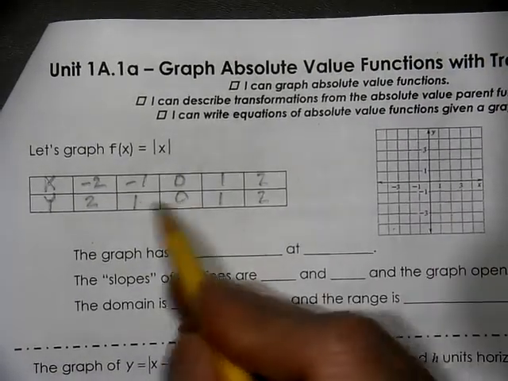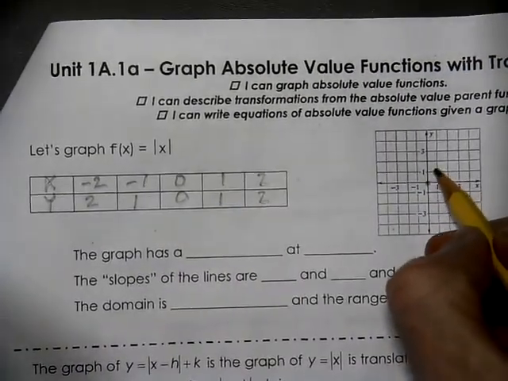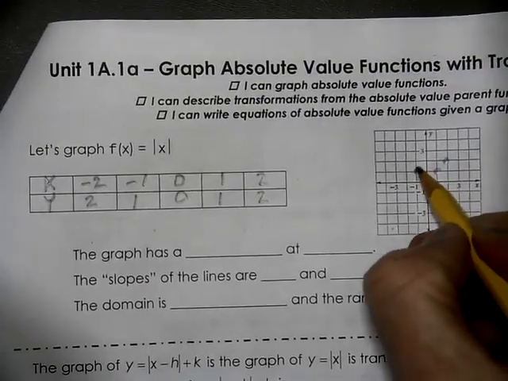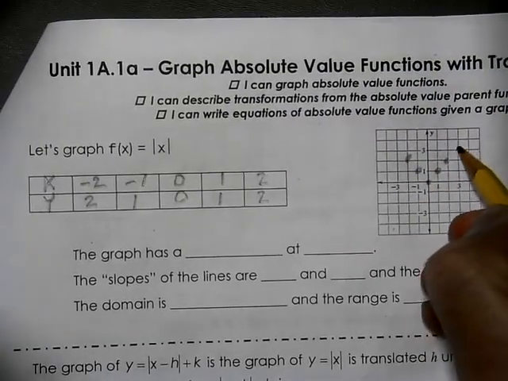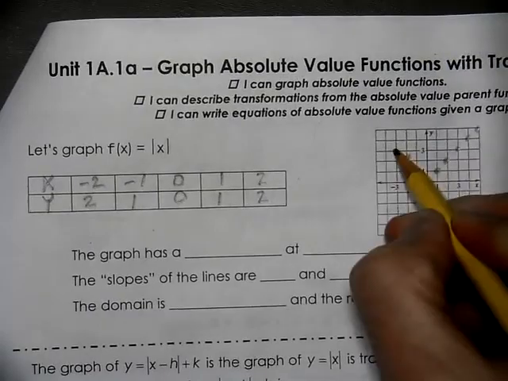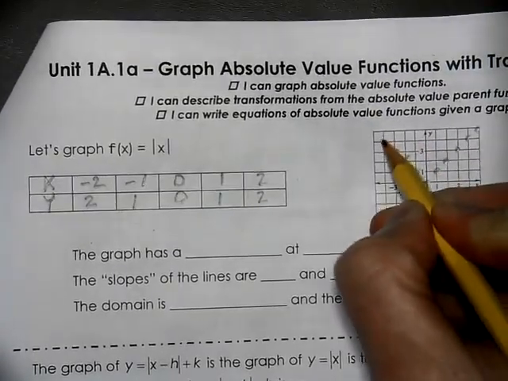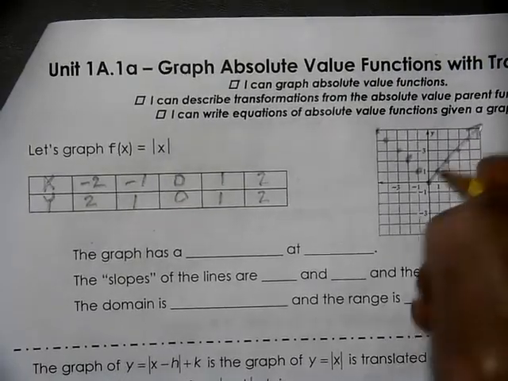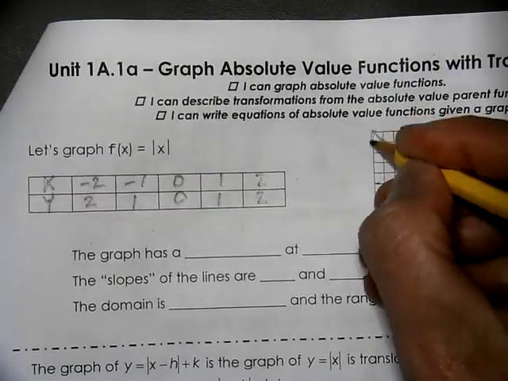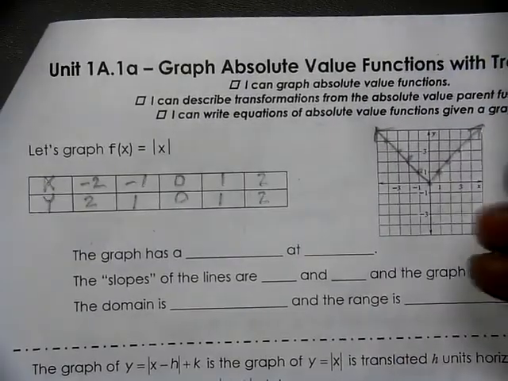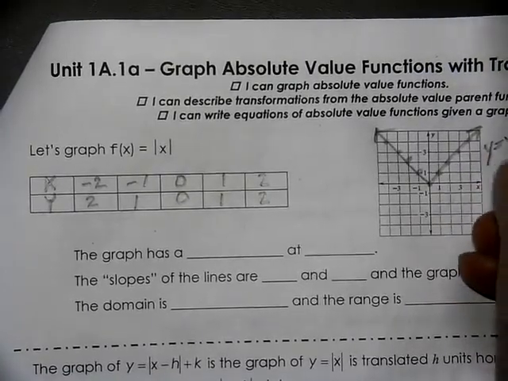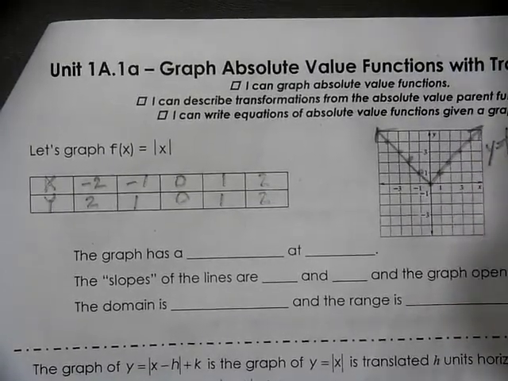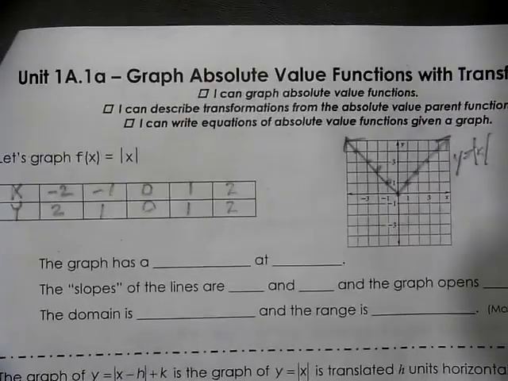The graph, when we plot this out, is going to continue at that pattern. It's going to make this V shape. It's not quite a parabola. That is the absolute value graph.